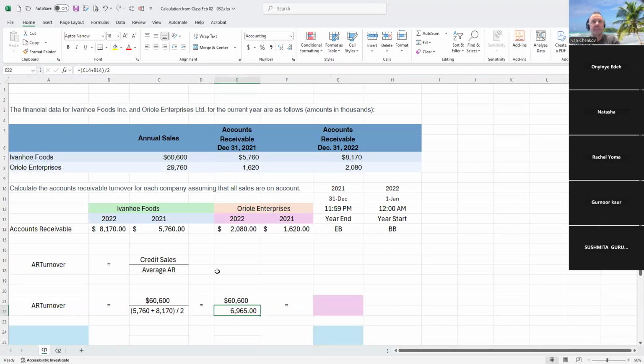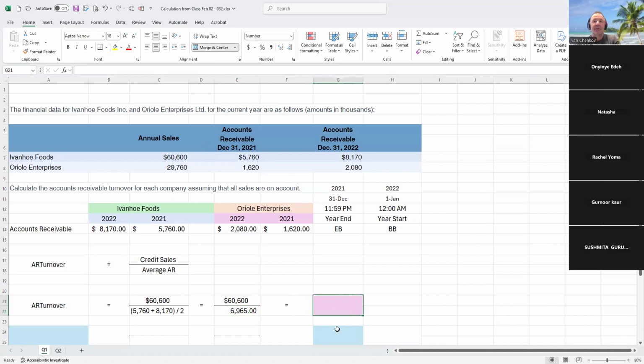Instead of the 60,000, it should be 60,600. It should be 29,760. This one is for Ivanhoe Foods Company, right? Yes, that's what we're doing. We're getting the beginning balance plus the ending balance divided by 2. Oh, sorry, that's the calculated amount. Make sense? Yes.